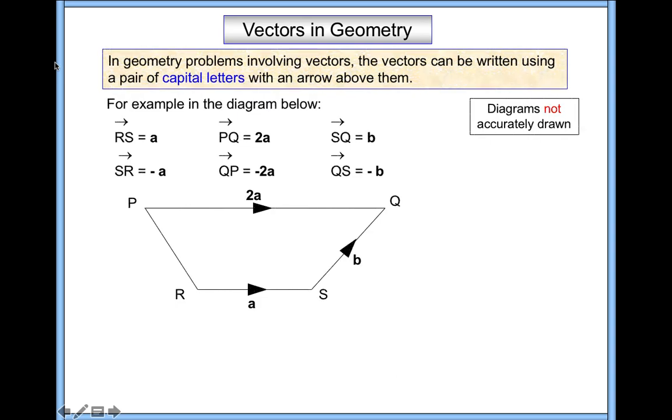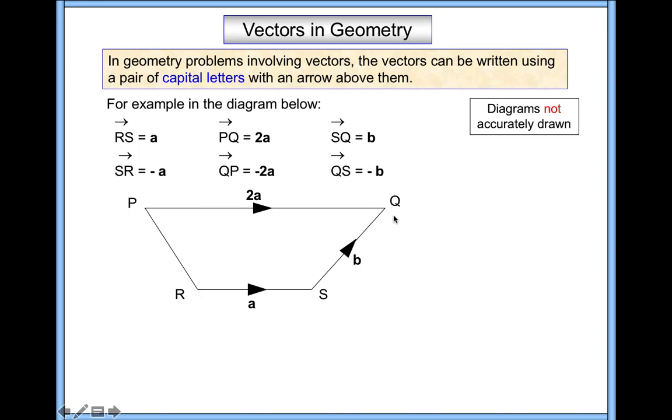Vectors in geometric problems can be written using a pair of capital letters with an arrow above them. That's how it is described here. Now, for example, in the diagram below, vector RS is described using the term a, and vector PQ is described using the term 2a.